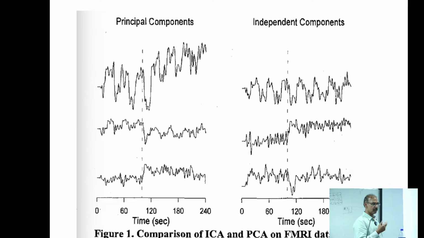And according to principal components, the number of observations should be much larger than the number of components, right? So I tried, and I could not find a way till a paper was published by Vince Calhoun, right? And this was in 2001.